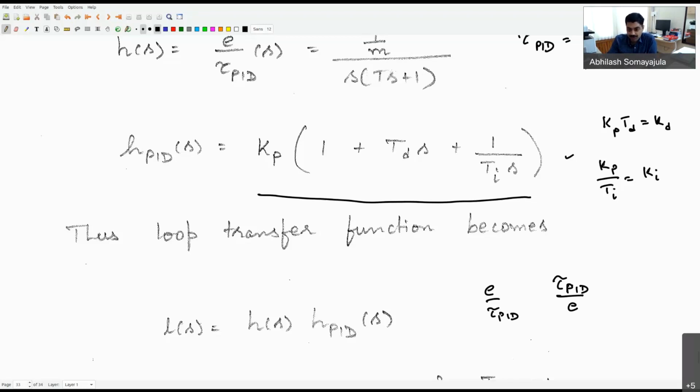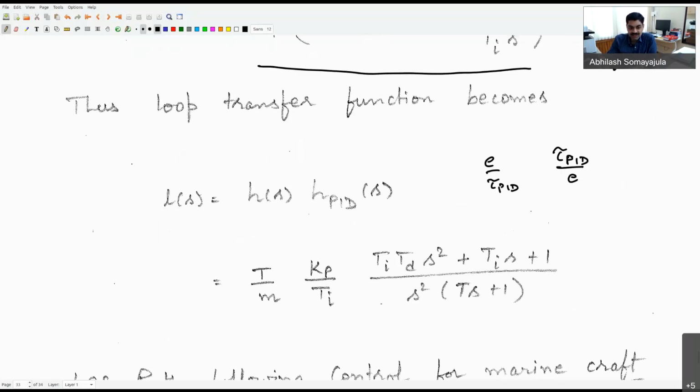So from a stability point of view, I am really interested in this so-called loop transfer function L of S. And this loop transfer function is what will define when my system is stable and when my system is becoming unstable. Okay, so this becomes my loop transfer function based on which we can calculate stability properties: for what frequencies is the value greater than 1, or for what frequencies is the value less than 1, meaning that it is getting attenuated.